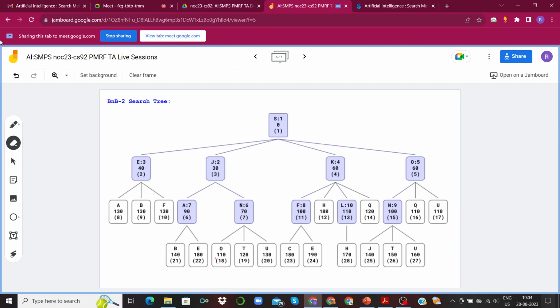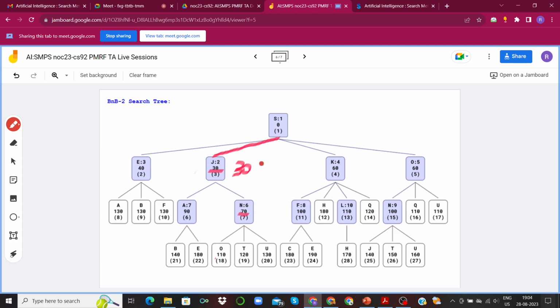If you look at this individual cost in each of these nodes, let me use a different color maybe. This cost represents the cost of going from the start node or the root node up until this point. So this basically means the cost of going from S to J, which is 30.